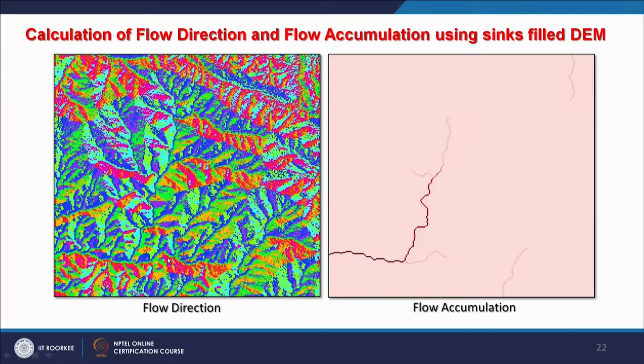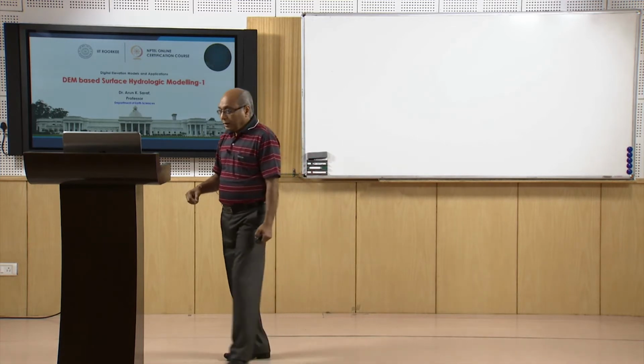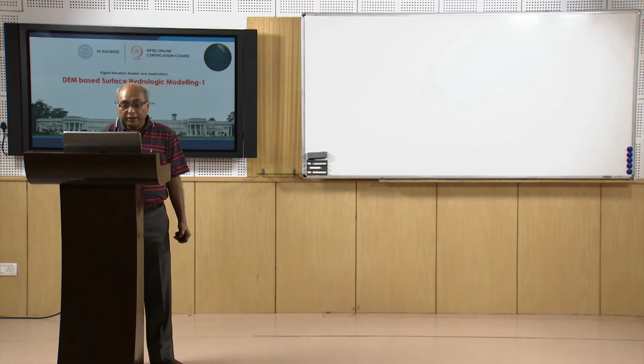Sometimes one may feel the flow direction looks close to a slope map. In fact, yes, in some way, but basically the codes have to be taken care of, because the codes are different than here, otherwise the output may look similar in that sense.